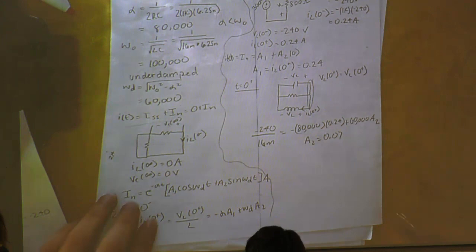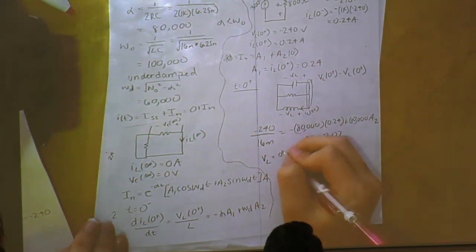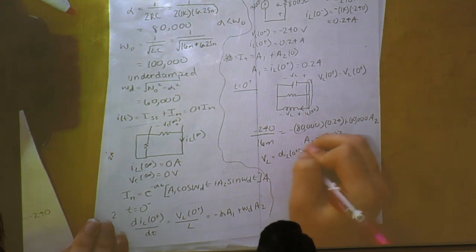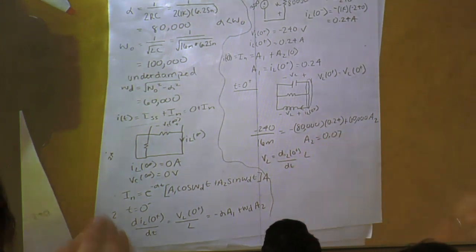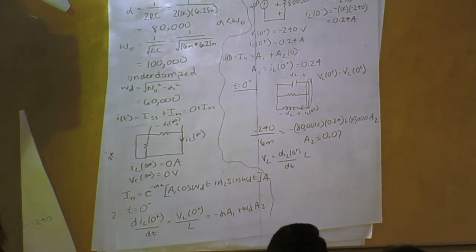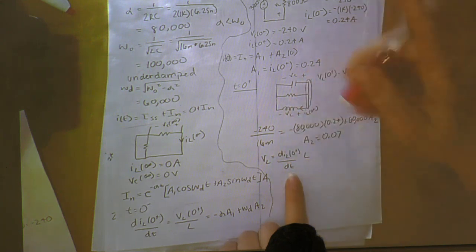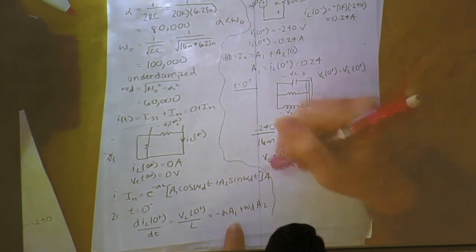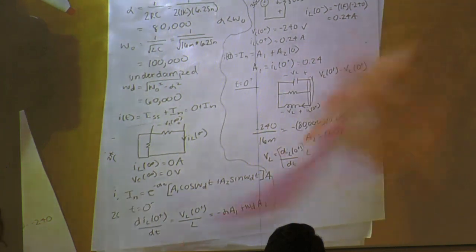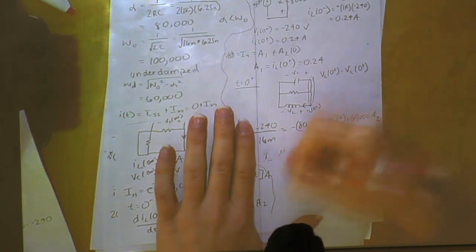So the voltage over the inductor, yeah. So we simply just, this derivative is how we get this formula. So then we just need to find our VL over our L.